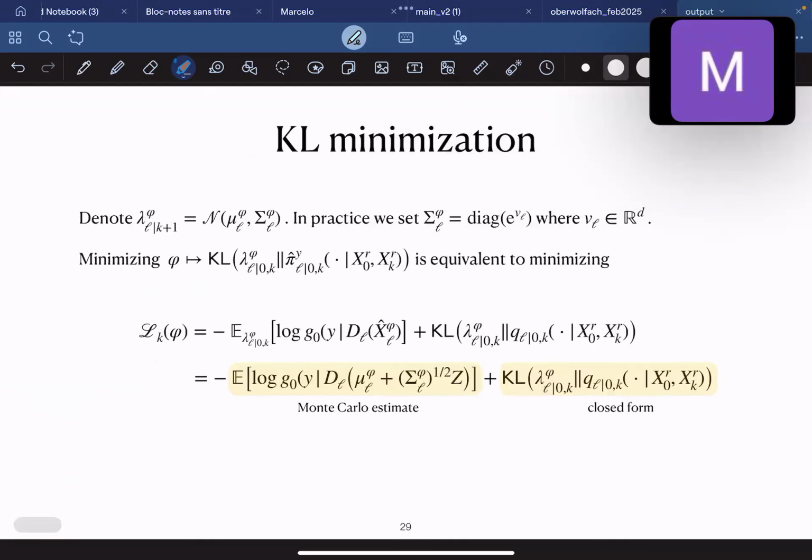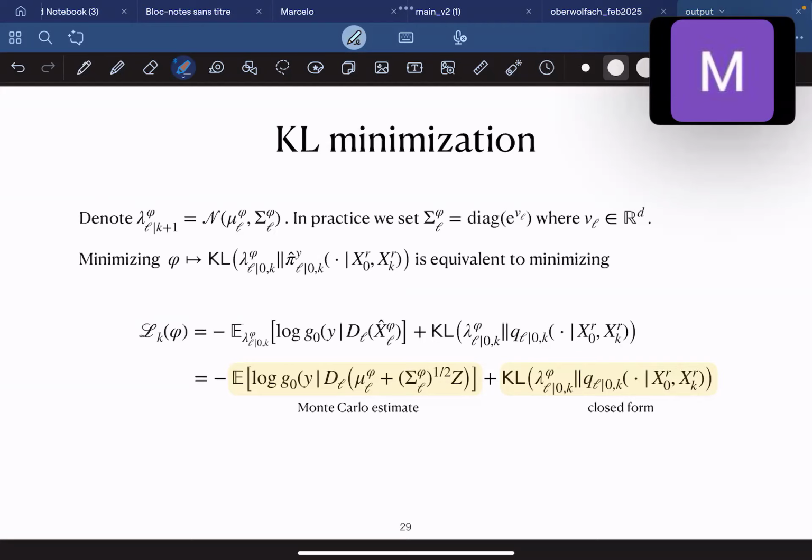Just to give you a few details about the Kullback-Leibler minimization procedure in our Gibbs sampler. The Kullback-Leibler divergence between a Gaussian approximation and the conditional, you can write in a relatively explicit form, and using the reparametrization trick, you can write the corresponding loss function for the minimization of this Kullback-Leibler with respect to the parameter phi.